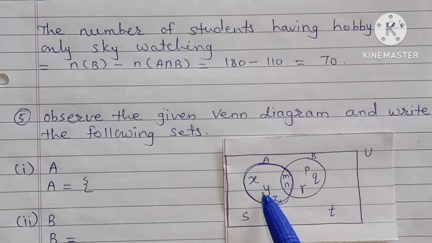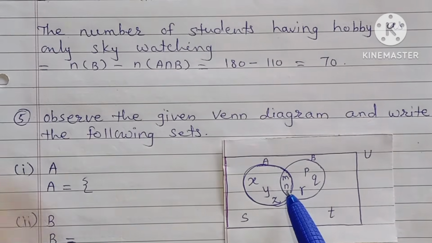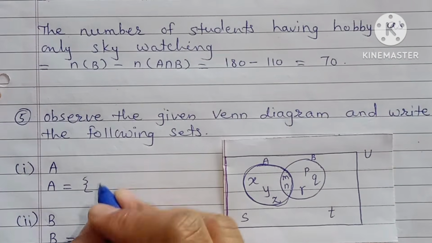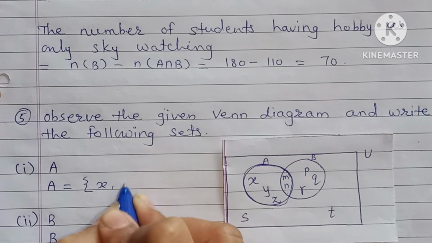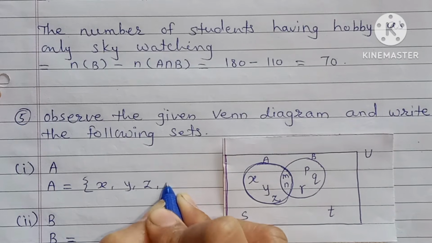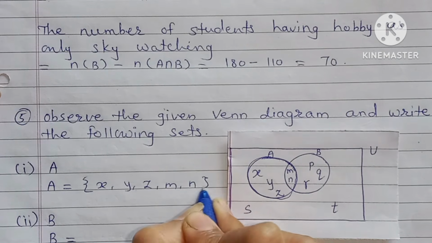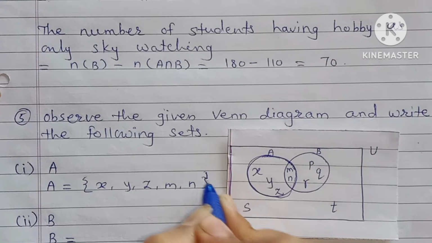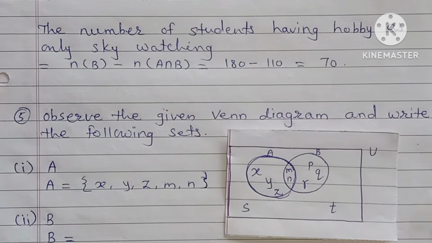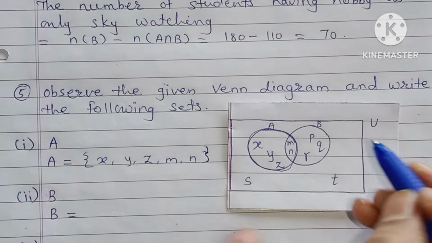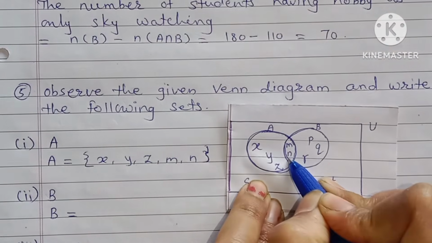X, Y, Z, M, N. You can write down that elements X, Y, Z, M, and N. Now set B. See, this is your set B.